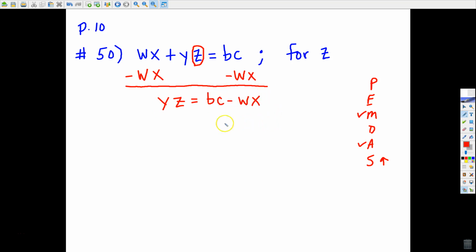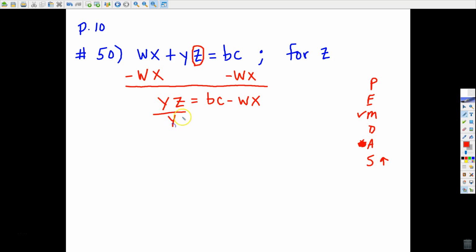All right, and now it probably looks pretty easy to figure out how we're going to solve for z. We just have to undo this multiplication. We've already taken care of undoing addition. Now we undo multiplication with division, or multiplication by the inverse, but I'm just going to show division.